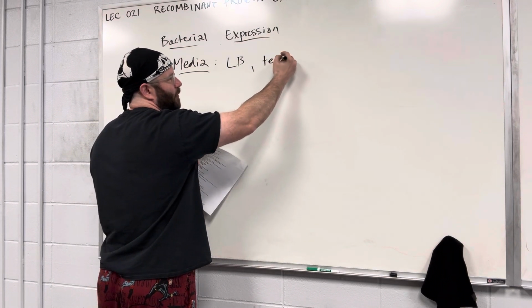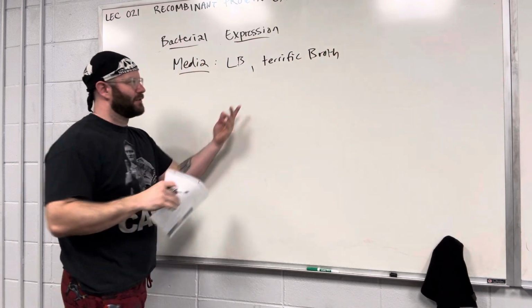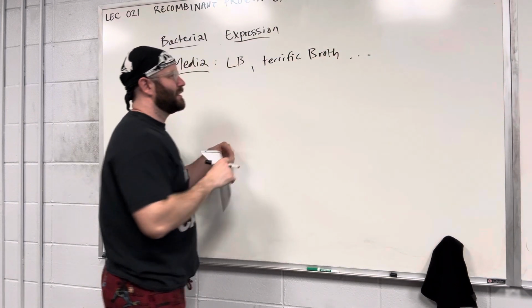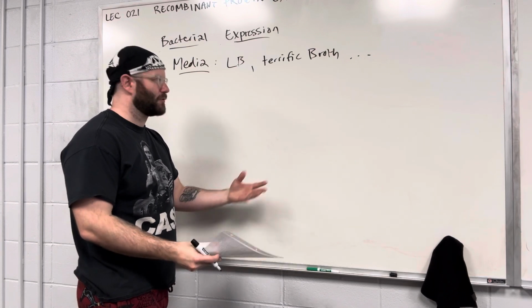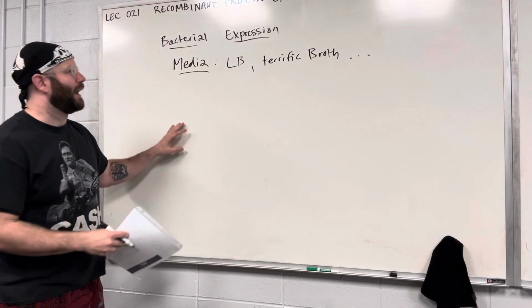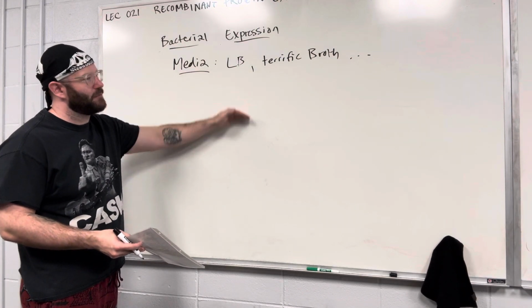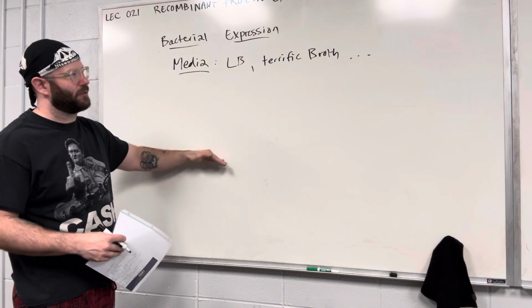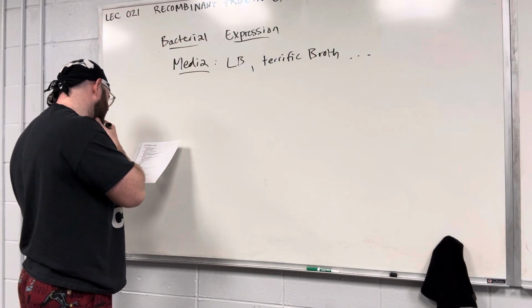One's called terrific broth, TB. Essentially there's a series of other media that add different nutrients for the E. coli. And by bolstering the nutrients, sometimes you can reach a higher optical density, which will give you a higher yield of protein per cell. So sometimes you might have to tweak the media.